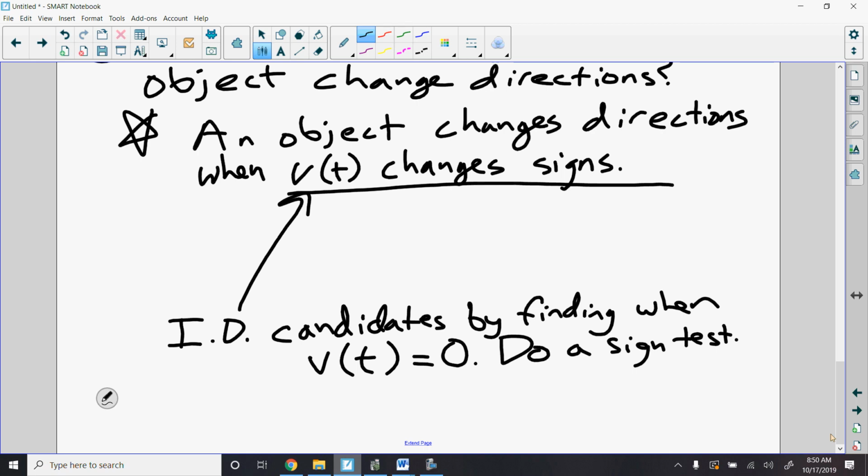To determine for sure that those are places where the object actually changes directions, we have to look at our sign chart to determine if the velocity actually switched signs or not. Let's scroll up and take a look at that.